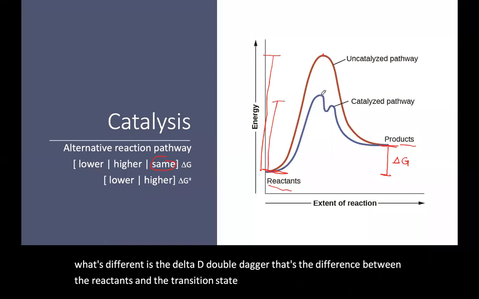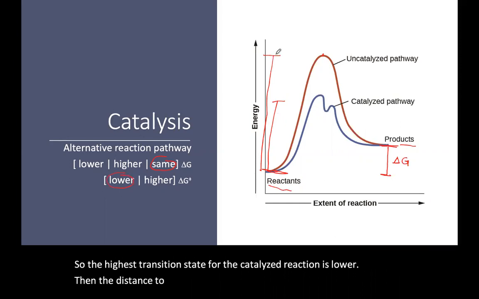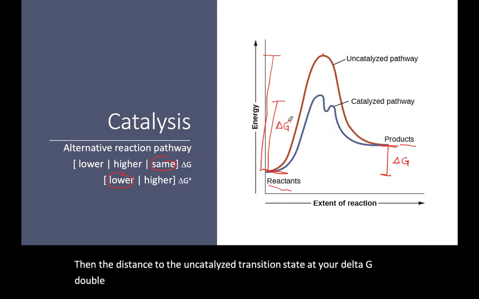So the highest transition state for the catalyzed reaction is lower than the distance to the uncatalyzed transition state. That's your delta G double dagger, also sometimes called the energy of activation.